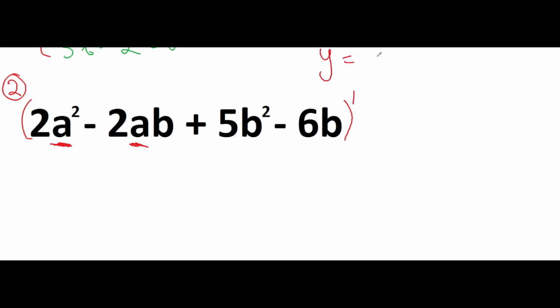In a function, we know that y has to be equal to ax squared plus bx plus c. So we will think that a squared, a is put instead of x.